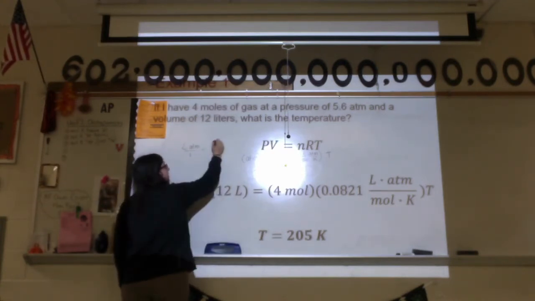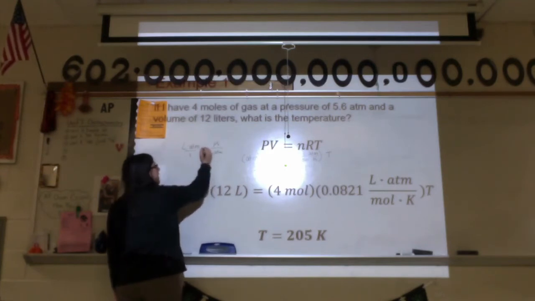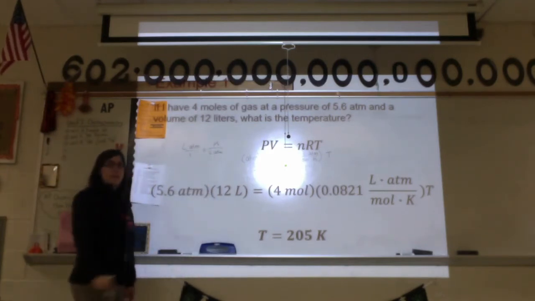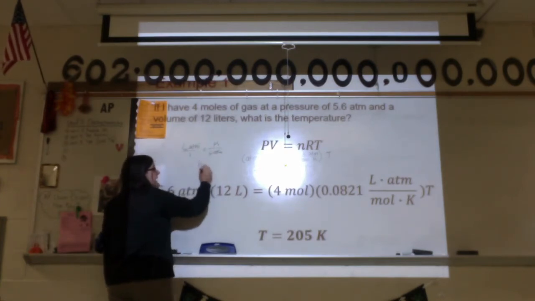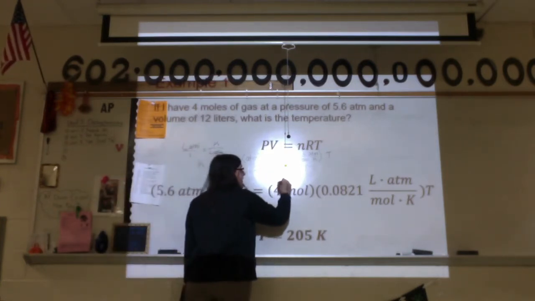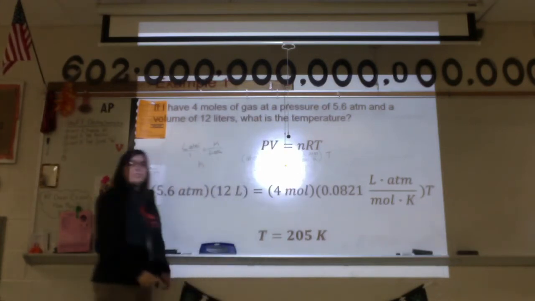So now it's Kelvin on top, liter atmospheres, and then multiply. So when you do this, what happens? These cancel out, and I'm left with Kelvin. So my units for temperature are in Kelvin. We see how that works?